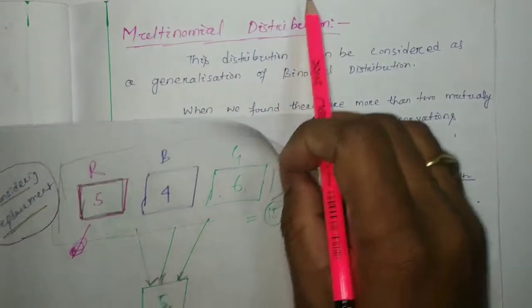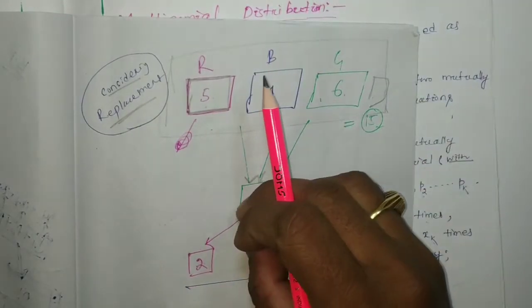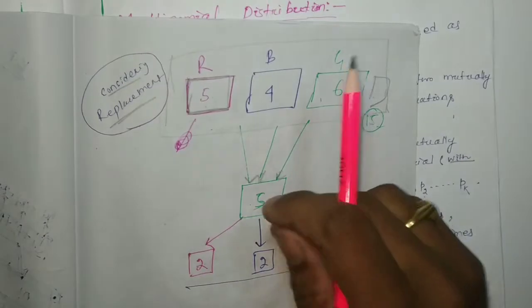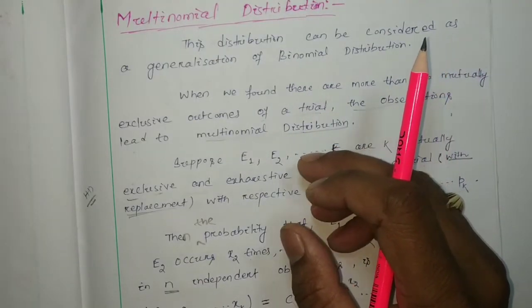But if we consider without replacement, where I draw and do not replace, there we have to use the hypergeometric distribution we discussed.